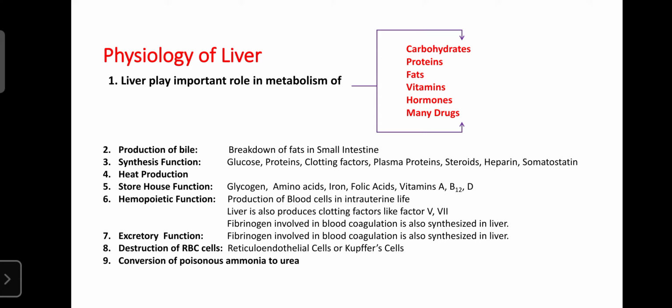Also, beta oxidation occurs in the liver, so the liver also participates in the metabolism of fats. Due to that, ATP is produced, which is helpful for the synthesis of proteins and to maintain the energy level in our body.